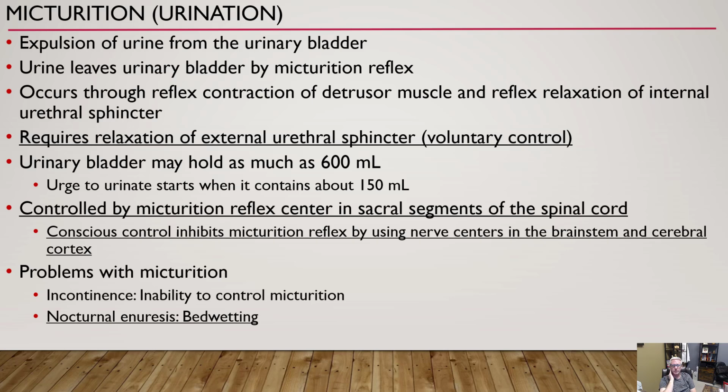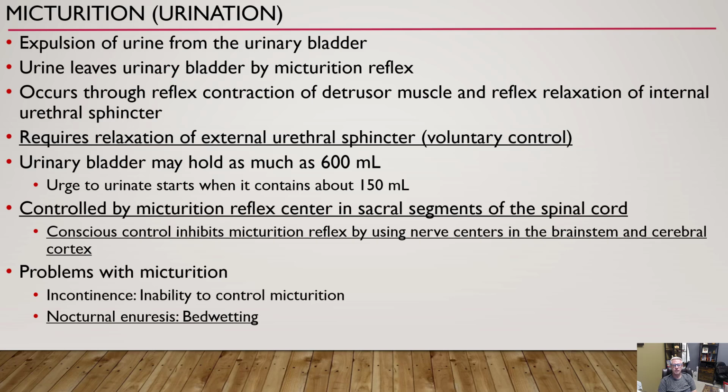The bladder can hold as much as 600 milliliters, and we get the urge to urinate when it's about 150 milliliters. And that pee reflex, or the micturition reflex, is in the spinal cord in the sacral segments. So down at the cervical, thoracic, lumbar, sacrum, the S1 to S5, those segments of the spinal cord.